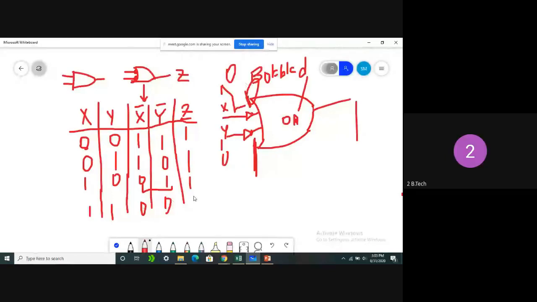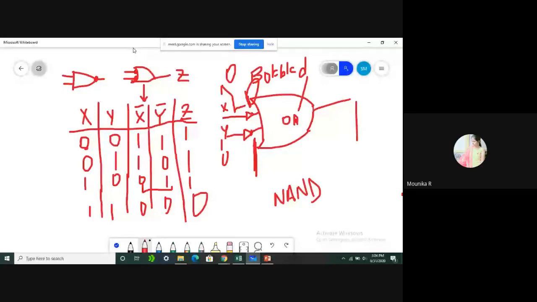So this is the reason why NAND is similar to the bubbled OR. Bubbled OR in the sense in the input side we are going to invert. Did you observe this? For an AND gate the output is inverted, that is similar to the two inputs inverted of an OR gate.